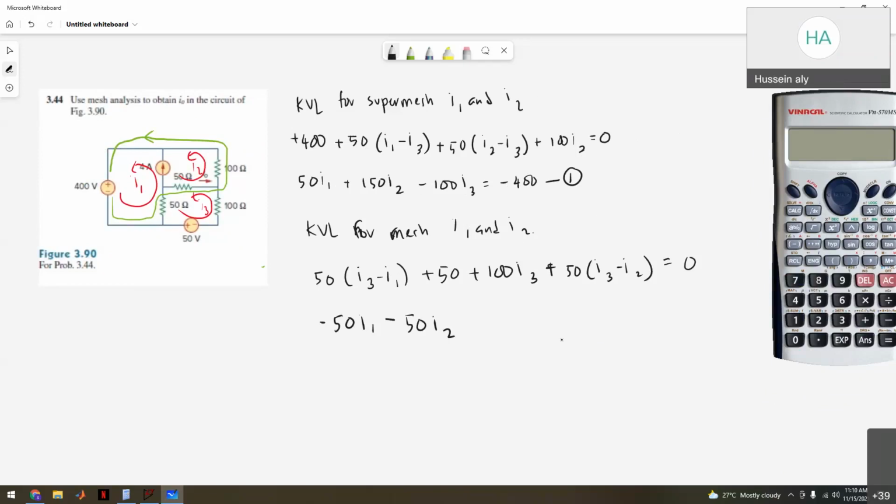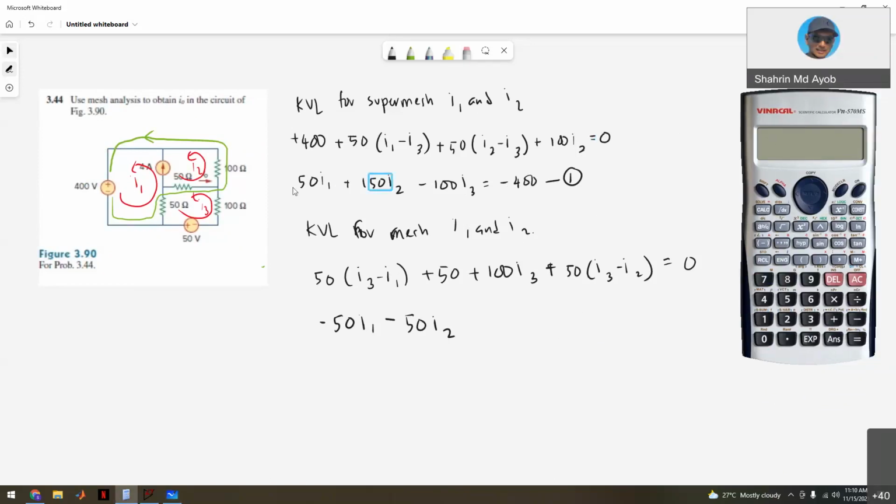It will be negative 4, because of the opposite direction. No, we cannot directly get the value like that, because as you can see, the current source here, 4 amperes, is shared by I2 and I1. So we cannot say that I2 is equal to 4.